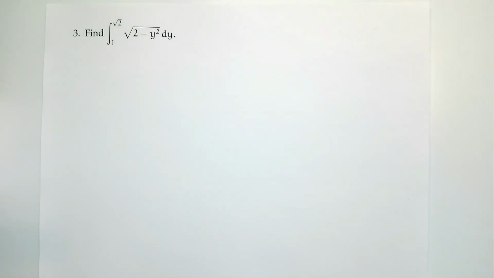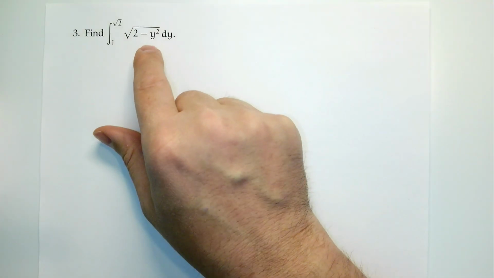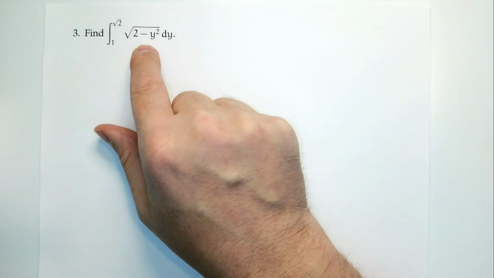find the integral from 1 up to root 2 of the square root of 2 minus y squared dy. Now, one of the things that you oftentimes get into the habit of doing is saying, integration means find an antiderivative. Can you find an antiderivative of the square root of 2 minus y squared?